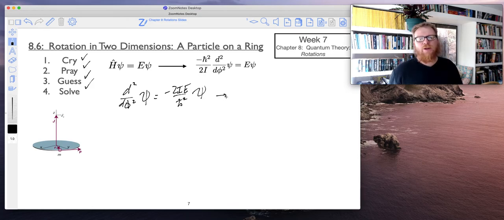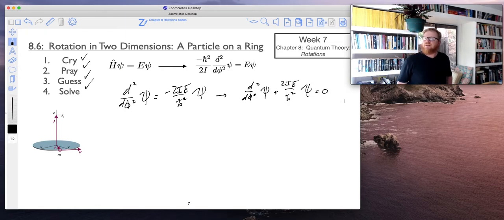Putting that into our standard form, where I set the right side equal to 0, that becomes plus 2IE over h bar squared times psi equals 0. This is a very easy, straightforward second order differential equation to solve.